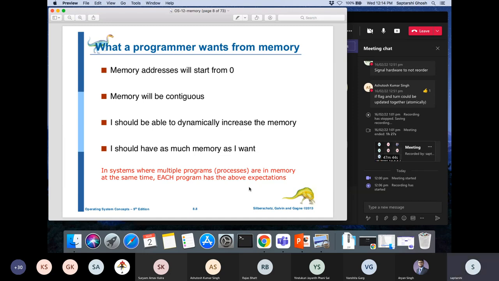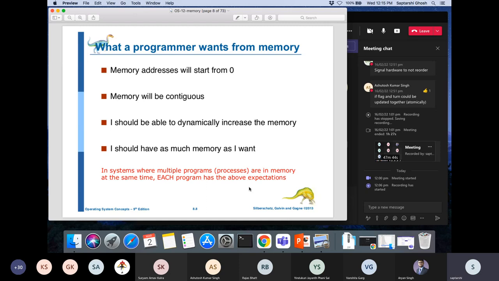You would say, I don't care. Whatever program I write should run on a machine with 64 GB RAM as well as on a machine with 4 GB RAM. Right? Also, if I have used 32 GB of memory, I don't want to hear that the RAM of this computer is only 4 GB. Right? So these are some of the things that as a programmer, we expect or want from the memory.